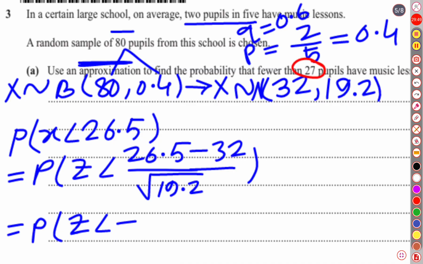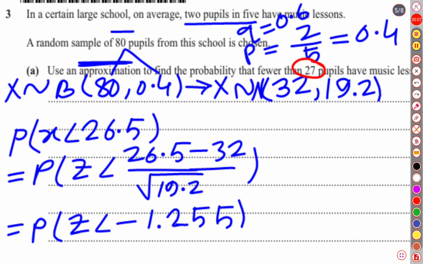So z less than negative, okay, it is going to be 5.5 over 19.2. 5.5 over 19.2 is 1.255. 1.255 is our negative z-score.